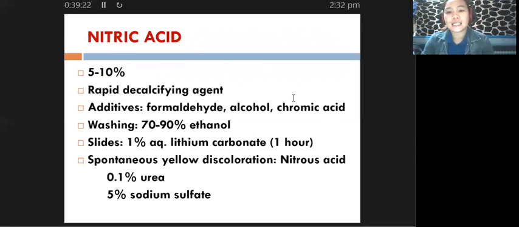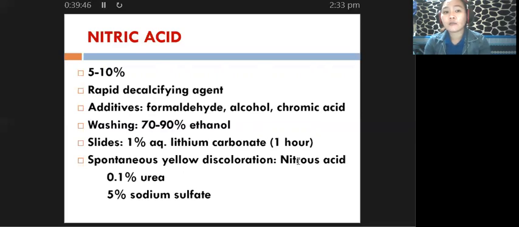Yes, so let us discuss the different acid solutions that are utilized for the process of decalcification. What is the basic thing that you have to remember with the use of your acid solutions? They are injurious to the organic ground substance or your extracellular matrix of tissues.